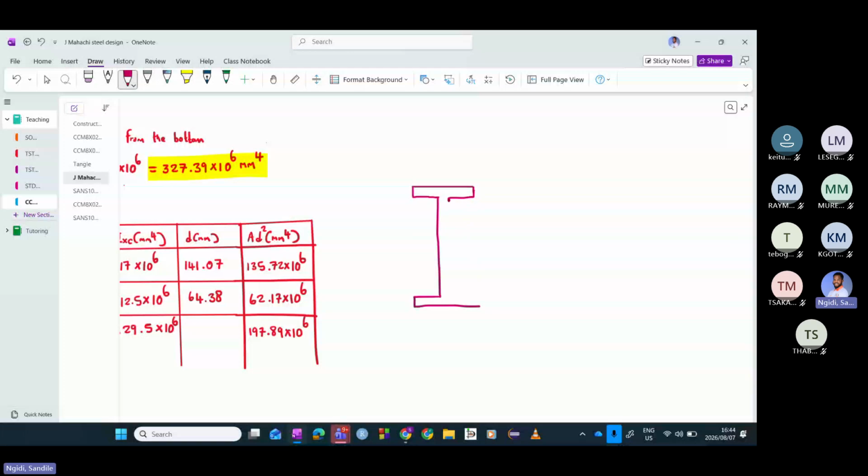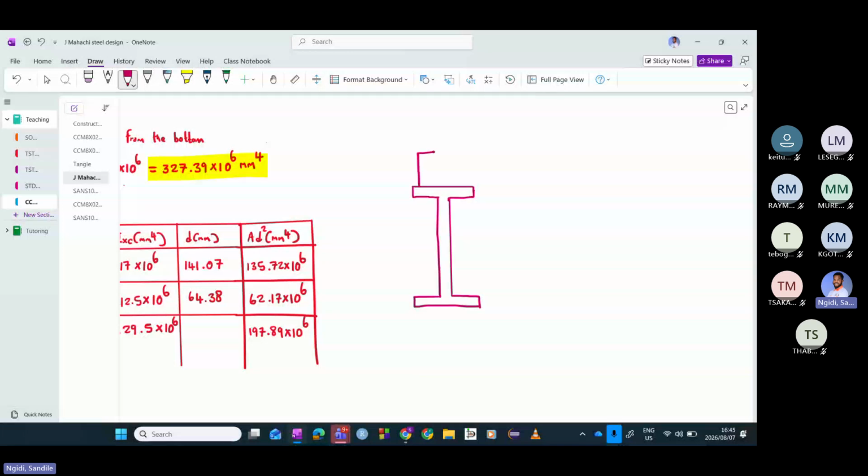So this is the I section. And then on top of this I section, we have a concrete surface, a concrete slab.